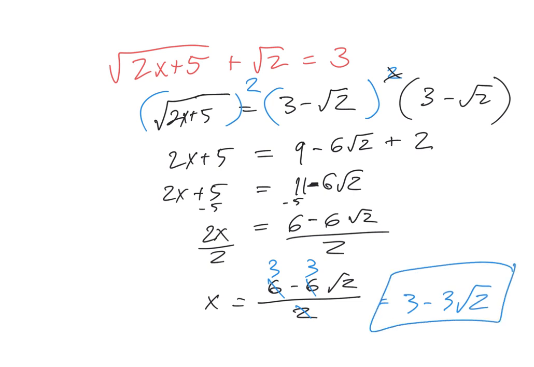Ta-da. Now, if there were an x underneath that square root up here, it becomes an even more complicated problem. But recognizing that all my variables are under this one square root, like I've done before, I want to isolate that on one side all by itself, and then I can square just this to get rid of the square root to eventually solve for x.